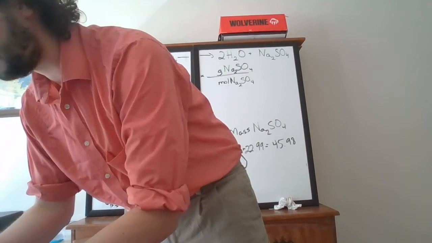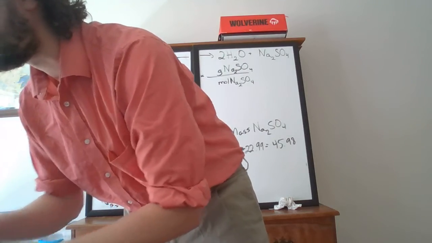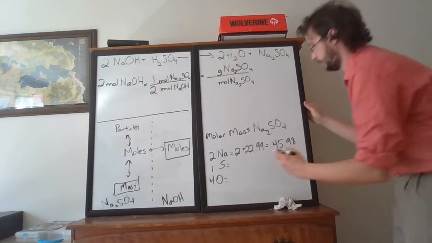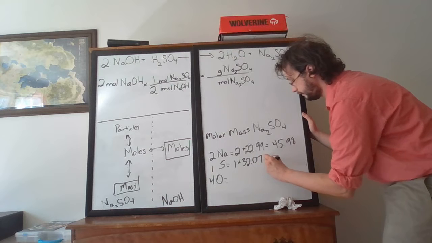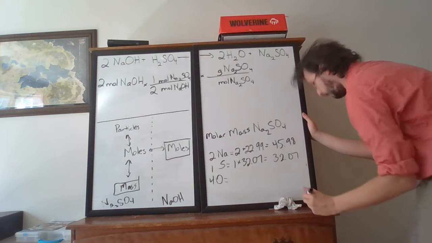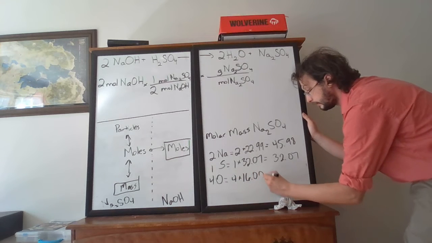Sulfur, I don't remember its atomic mass right now. You look on a periodic table, and we will go ahead and round that to 32.07. So 1 times 32.07 is still 32.07. And we've got 4 oxygens. Each oxygen is 16.